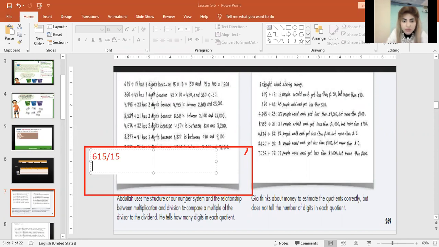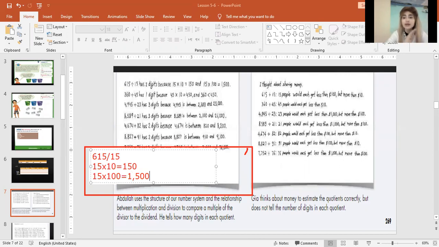So the first step, we are going to write 15 multiplied by 10 equals 150. Then I will multiply 15 by 100. 15 multiplied by 100 is 1,500. Okay, 615 is between 150 and 1,500.